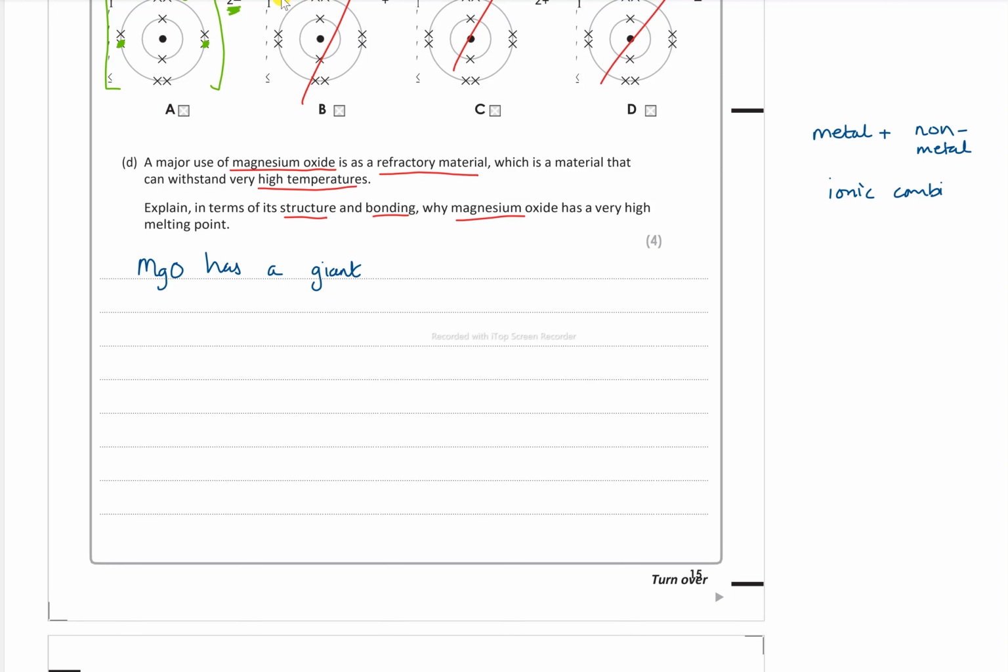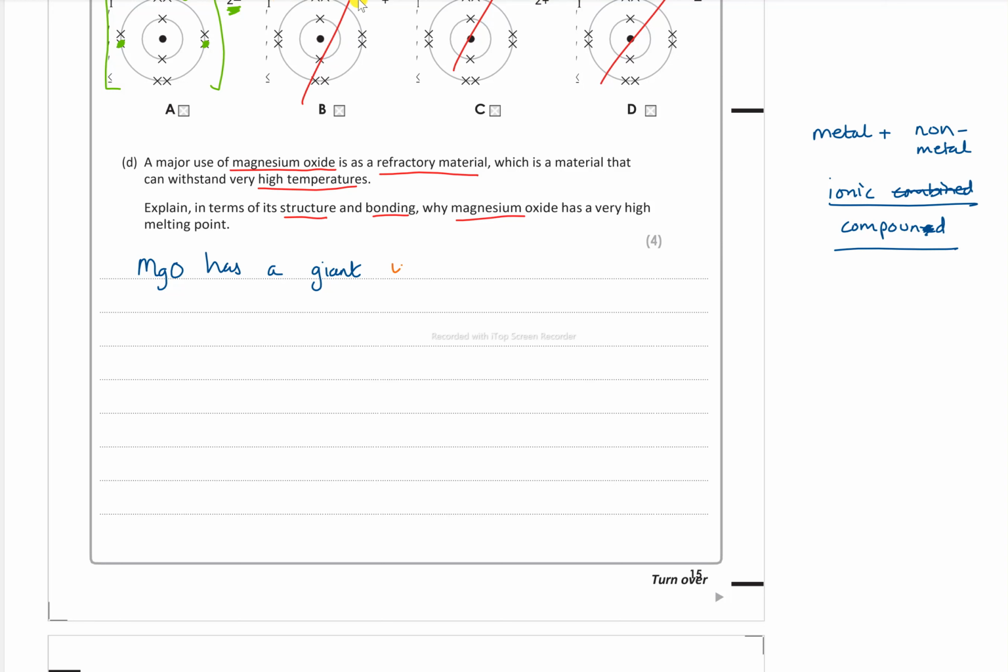Yeah, just bear that in mind if you ever forget. Ionic, not combined, compound. Oh my goodness me, I can't spell anymore.